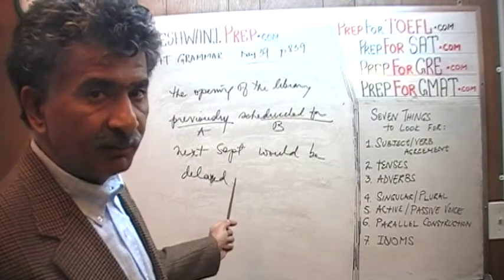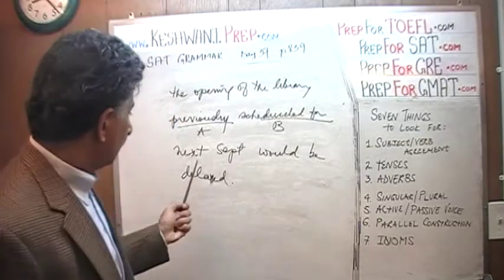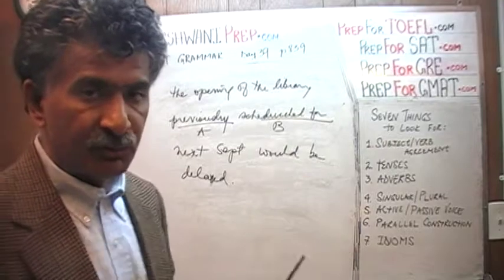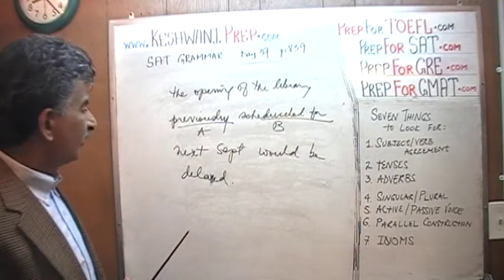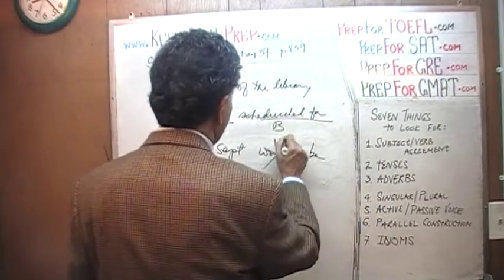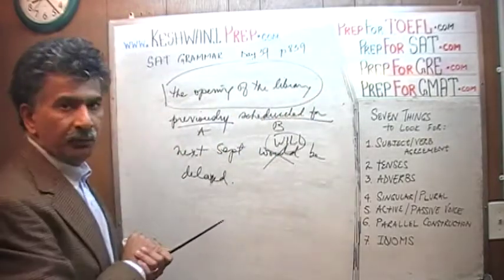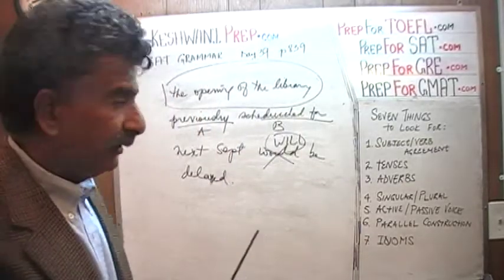It was previously scheduled for next September, now it has been delayed. It should say, because we're talking about something that's going to take place in the future, the opening of the library previously scheduled for next September will be delayed. The opening of the library that was previously scheduled for next September will be delayed.